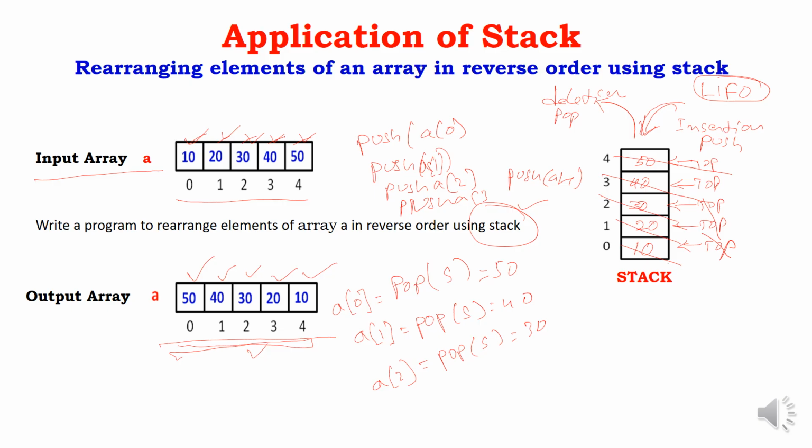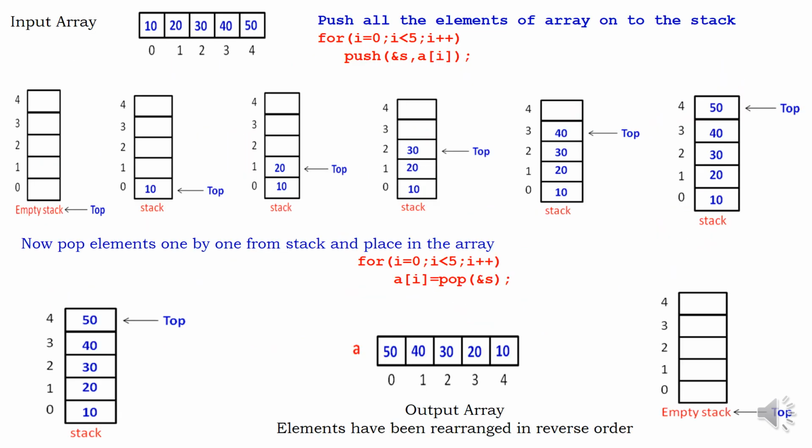Let me explain this even more clearly using a sequence of figures in the next slide. Let me explain the procedure of rearranging elements of an array using a stack with the help of a sequence of diagrams.